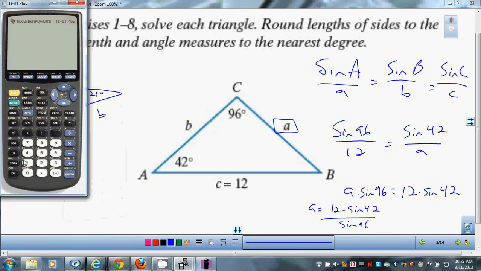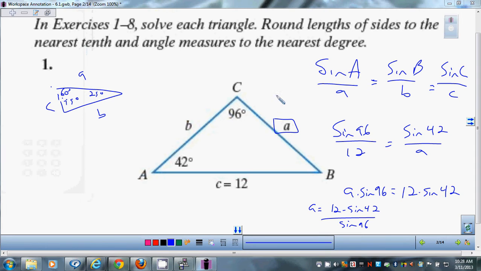Let me make sure I'm in degree mode, which I am not. Okay. If you don't want to deal with a whole bunch of parentheses, I would do it one step at a time. 12 sine 42 divided by sine of 96. Enter. And A is 8.07. It says nearest tenth, so 8.1.